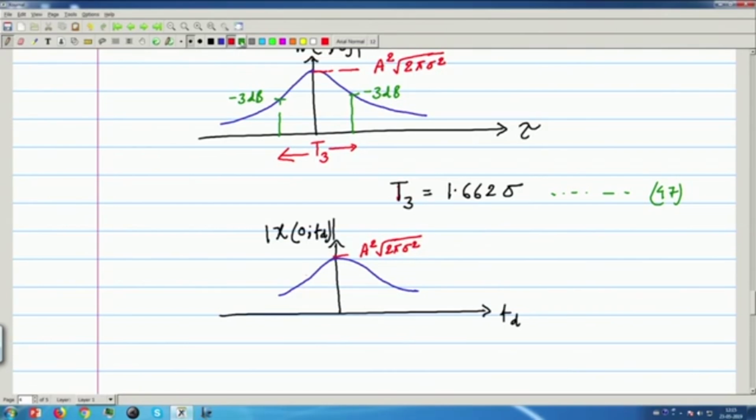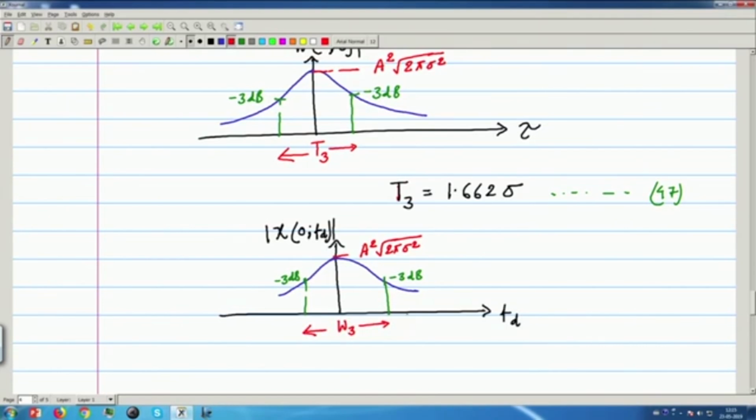And this 3 dB point, let me call that 3 dB point W3 in frequency.